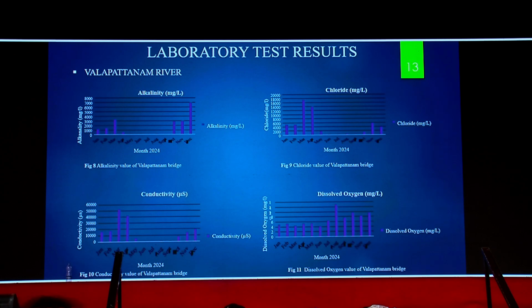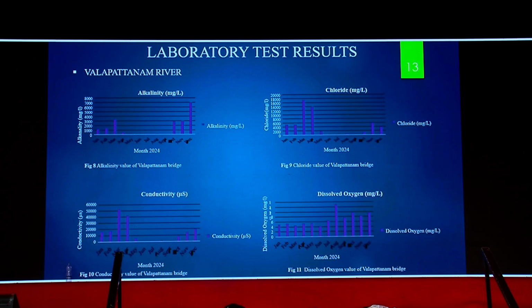Similarly, for chloride also, in the pre-monsoon season it shows a high value, and during monsoon the value of chloride decreases, then shows a small increase in the post-monsoon season. In a similar fashion, conductivity also increases in the pre-monsoon season, shows a low value during the monsoon season, and increases in the post-monsoon season.